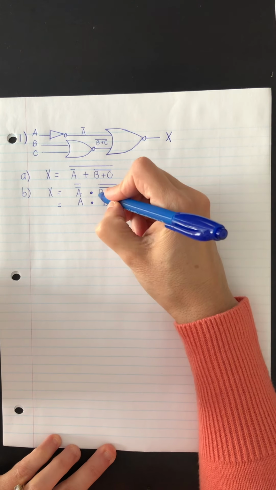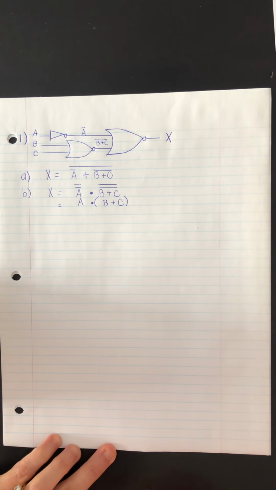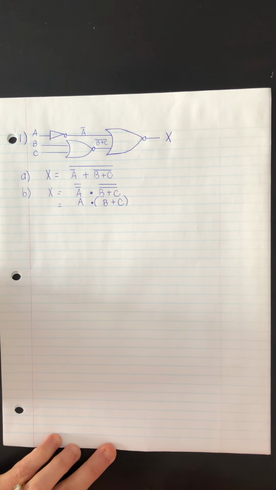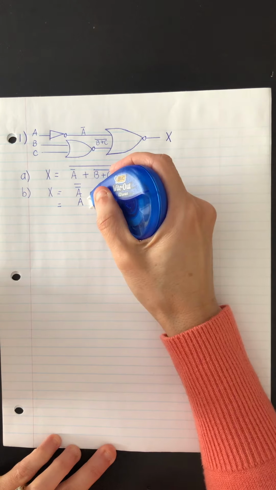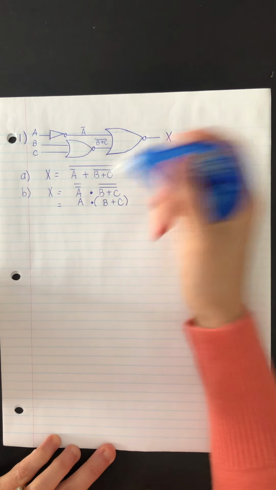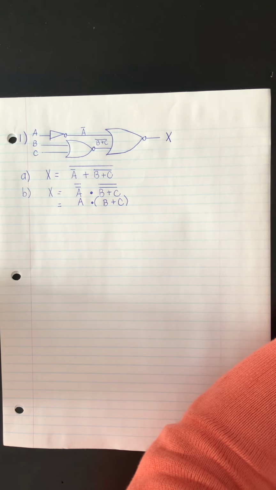But B plus C has to stay together, so we actually need a bracket here. And once the bracket's there, this multiplication sign here is optional. So you can leave it there if you like it, or you can remove it. Maybe I can't remove it anyway, given my... there we go.